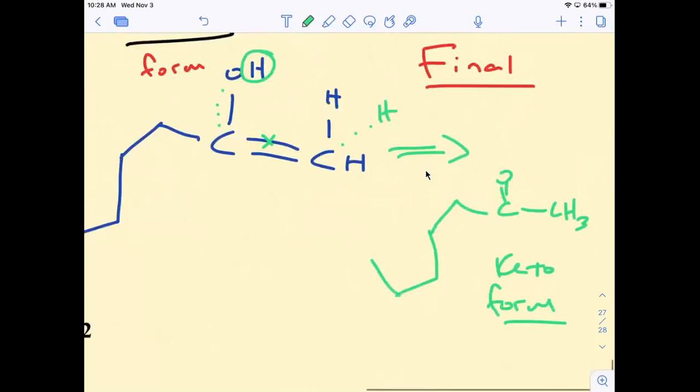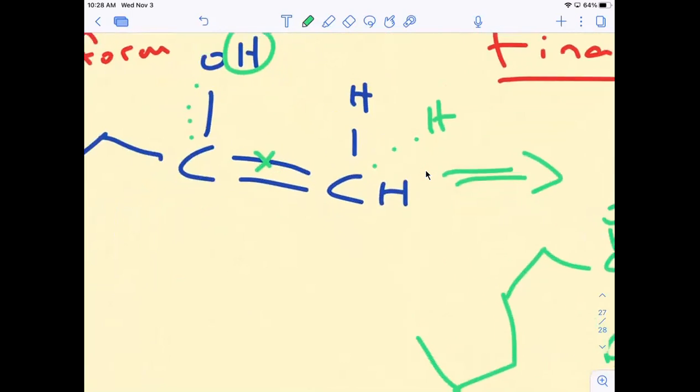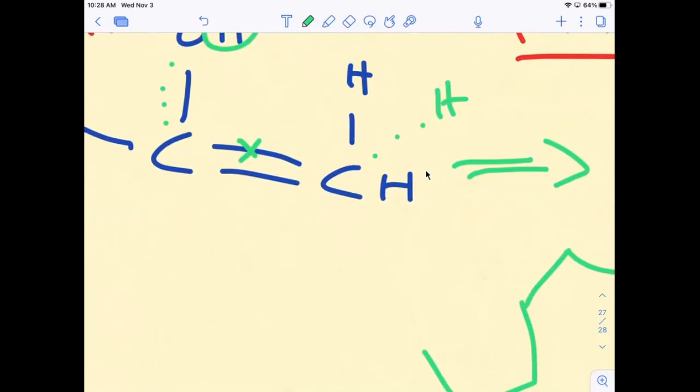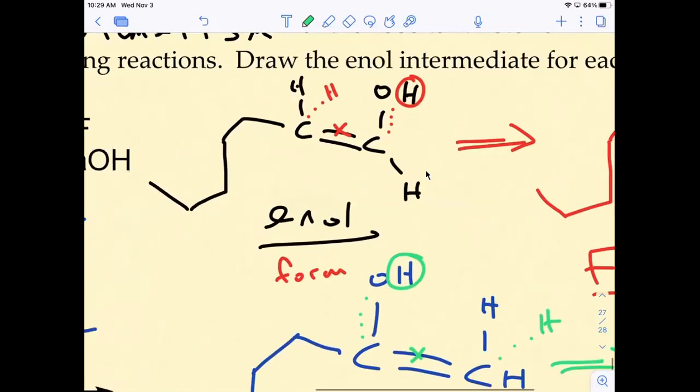Three things have to happen. I need a pi bond between carbon and oxygen, I need to lose the carbon-carbon pi bond, and I need to add a hydrogen to the other carbon where the carbon-carbon pi bond is. So those three things have to happen. But if you know the arrows, then you don't have to think about it like that.